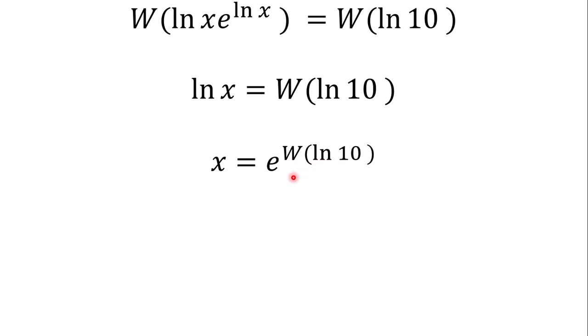Now somebody may ask, why is it that we didn't get any numerical value here? We can get a numerical value provided we have a product log calculator. Another name for the Lambert W function is the omega function or product log. So if you have a product log calculator, you can punch this in and it will give you your numerical value.